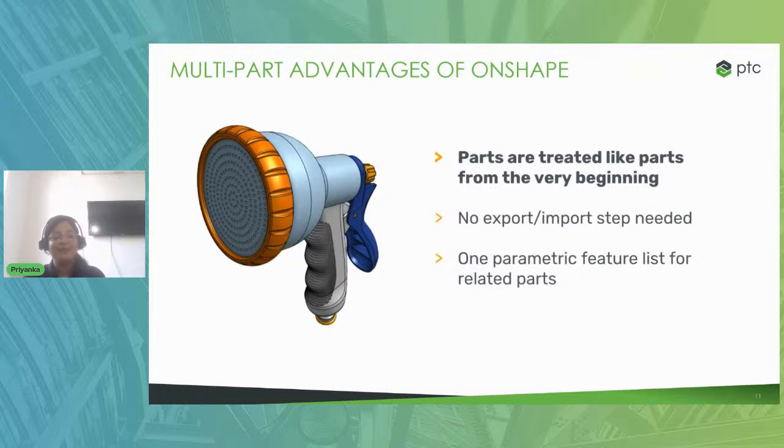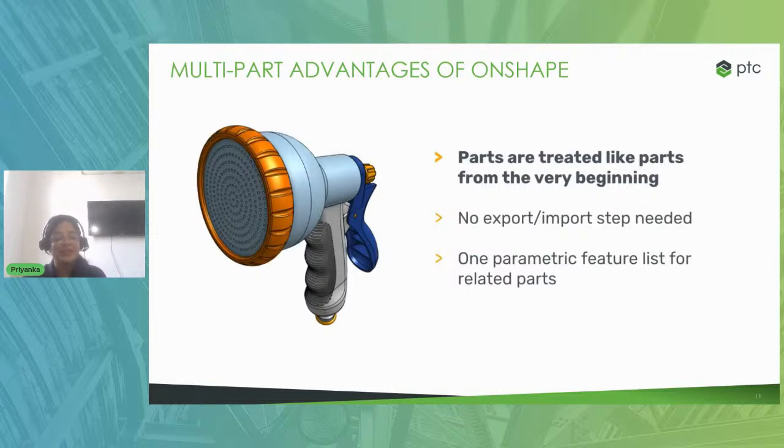But now when you work on parts, you are simply deleting that step of having different part files, and you need not have exports, and especially you assign the metadata right away when you insert them into the assembly. Or your drawings, I know it's a bit out of context when we talk about assemblies or drawings, but in terms of data management, there are no import and export steps needed.